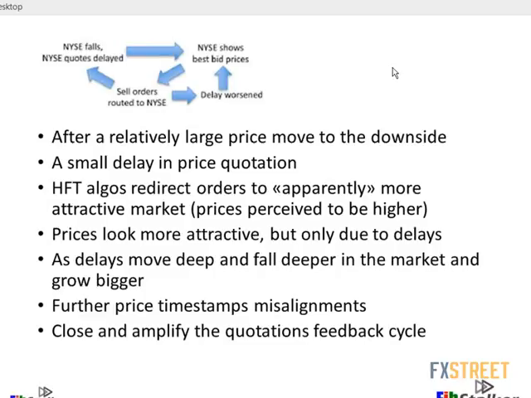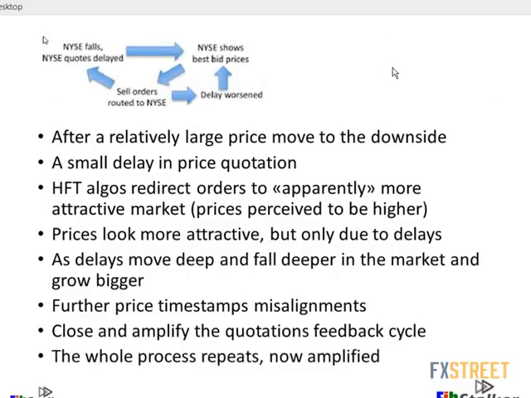So it means that the delay in the quotations that are published by an exchange, in this case it's NYSE, is larger and larger, and the whole process repeats and is amplified. So is this theory, or am I just trying to show you a concept here? No, that happened in reality.